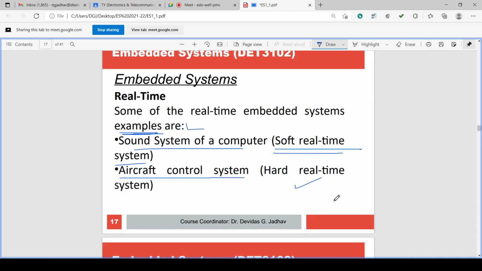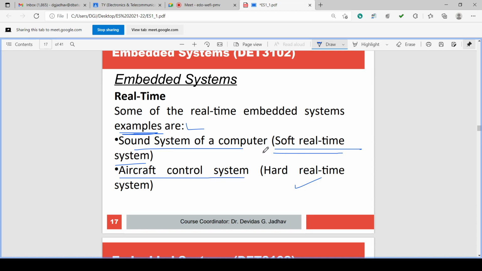The task must be completed, otherwise there will be a possibility of hazards and accidents in the aircraft systems, isn't it? So this is the example: the aircraft control system is a hard real-time system.